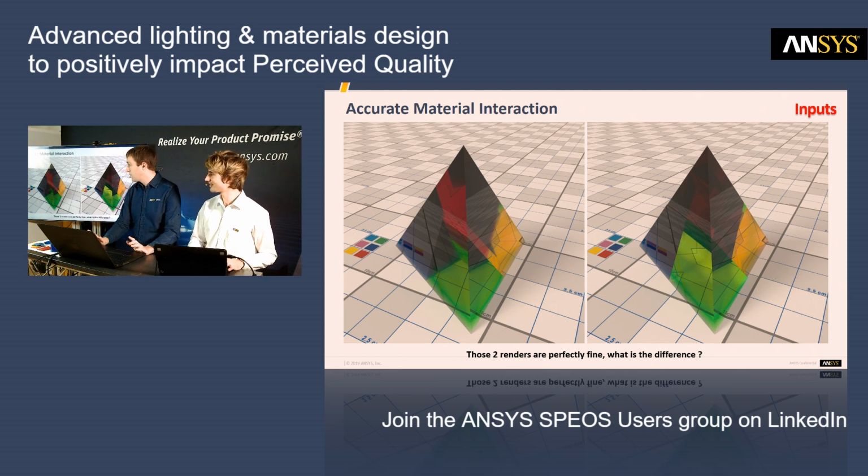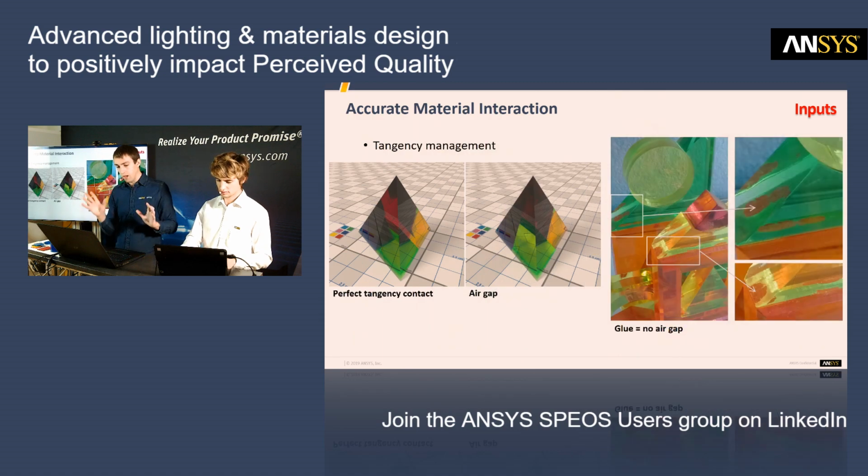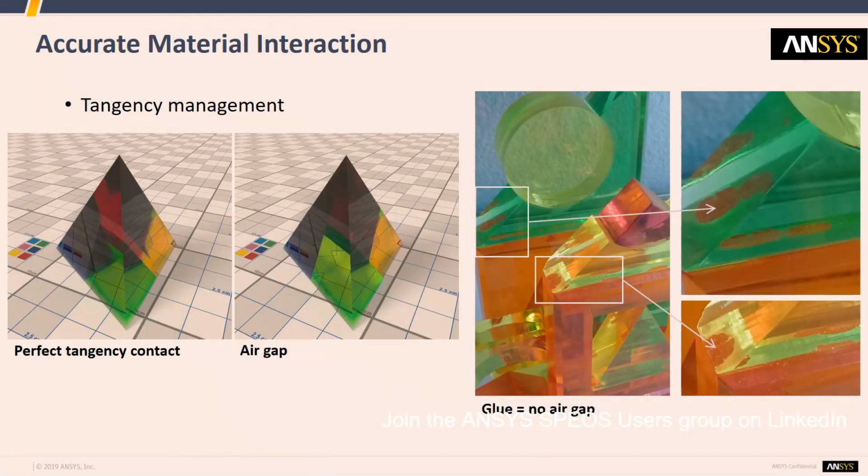Actually, the gap? Yes, the difference between those two pictures is 1 micron. It's just in between the parts. If I have all the parts glued or overmolded, so I have a perfect contact between the parts, then I get the first result, while in the second, the parts are just put together, but there is still a slight air gap in between that causes this effect.